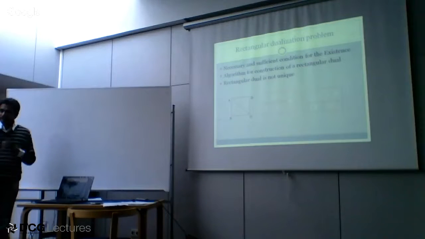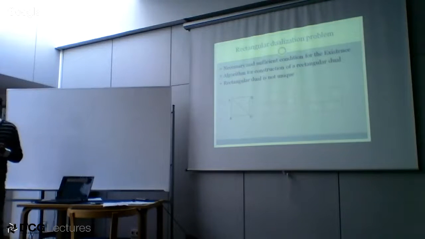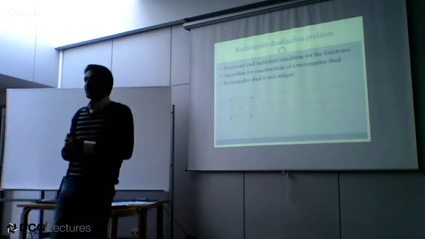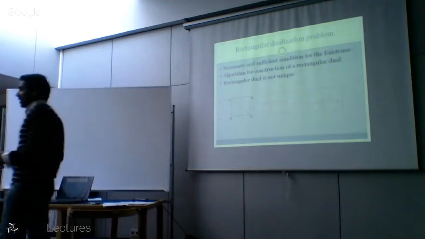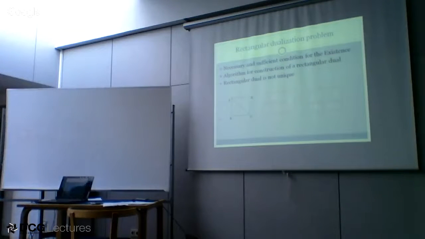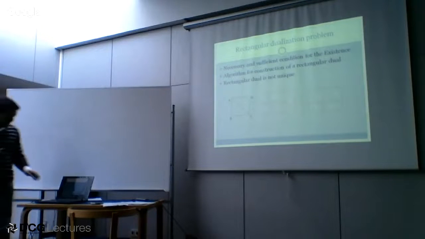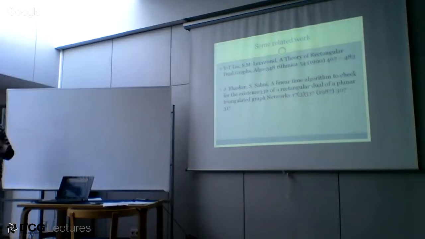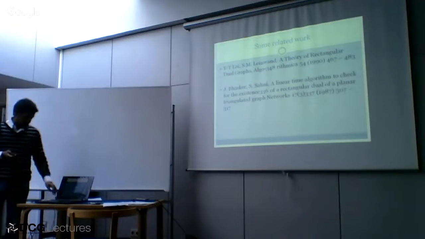So again, if you are given a graph, how many floor plans exist corresponding to that graph, and which one is optimal or better, and then you can go deeper. So these are the works corresponding to rectangular dual graphs.